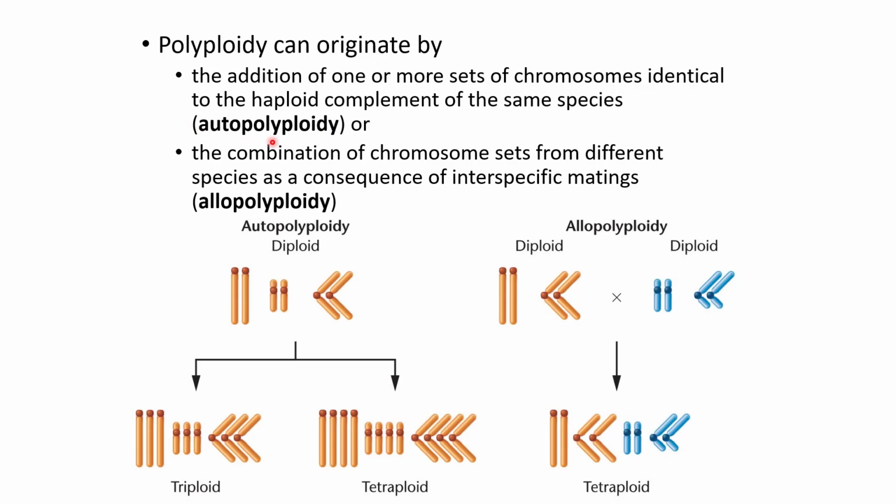The other thing that could happen is a mating between 2 species that have different numbers of chromosomes. That would be allopolyploidy, in which these species have some different chromosomes, they reproduce, and now you get a tetraploid.